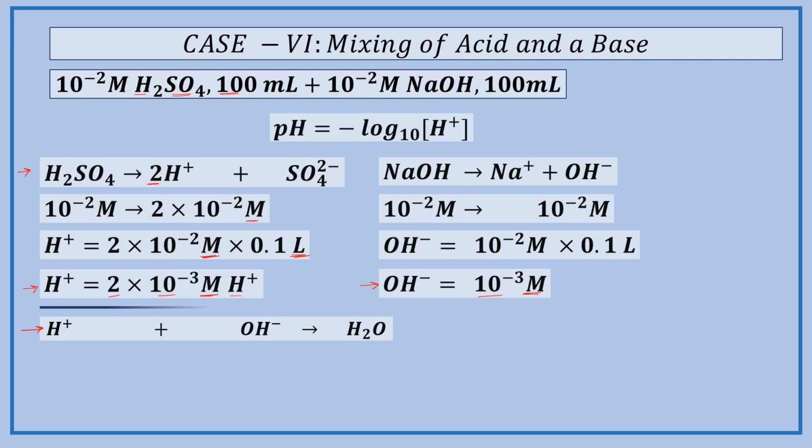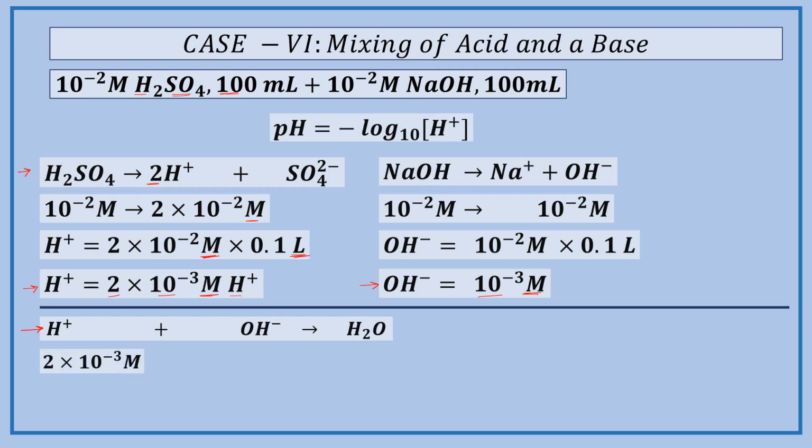So let us move ahead and see this neutralization reaction. We have 2 times 10 to the power minus 3 molar H plus ion concentration and 10 to the power minus 3 molar OH minus ion concentration. We can see that the OH minus concentration is in lesser quantity than its stoichiometric ratio.